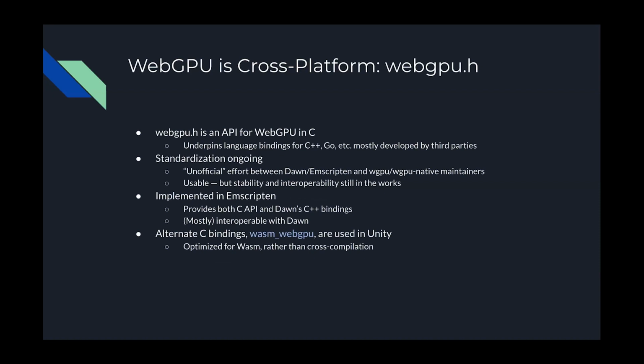So WebGPU.h is the C API that I mentioned. This underpins the language bindings for C++ and Dawn, the Go WebGPU project, and a bunch of others that are mostly developed by third parties. This is also a standardization effort. It's sort of unofficial, but we're standardizing it between the Dawn and Emscripten team and the WGPU maintainers.